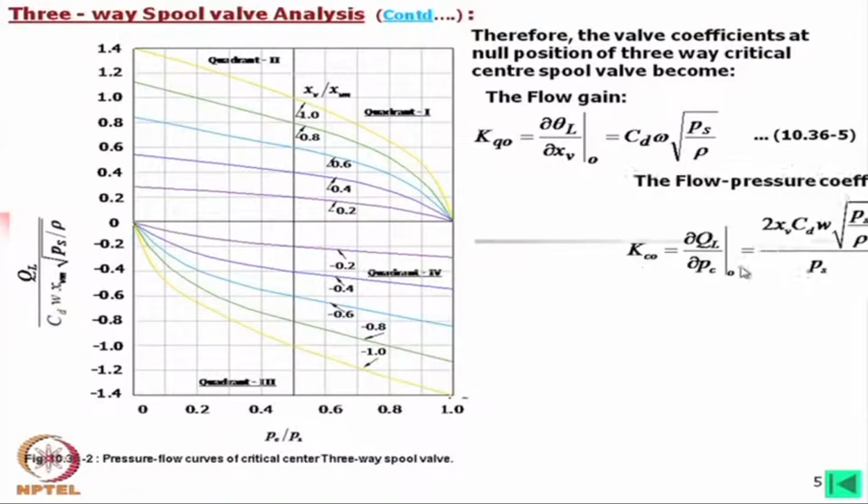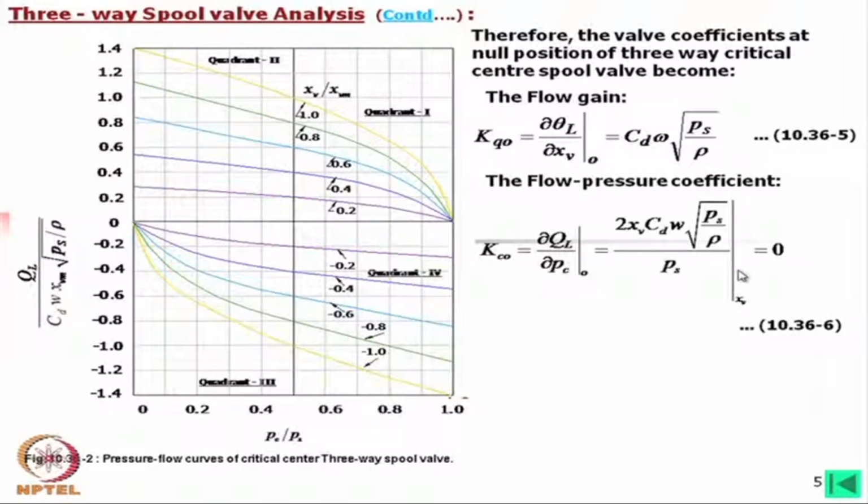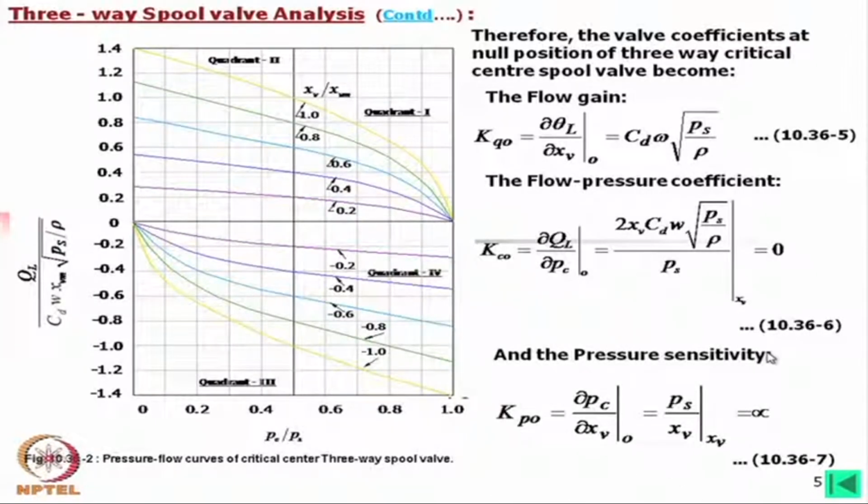Next, we will look into the flow pressure coefficient. The flow pressure coefficient is written in this form. This is W, this also will be W, not omega. Okay. Now, the pressure sensitivity can be written in this form.